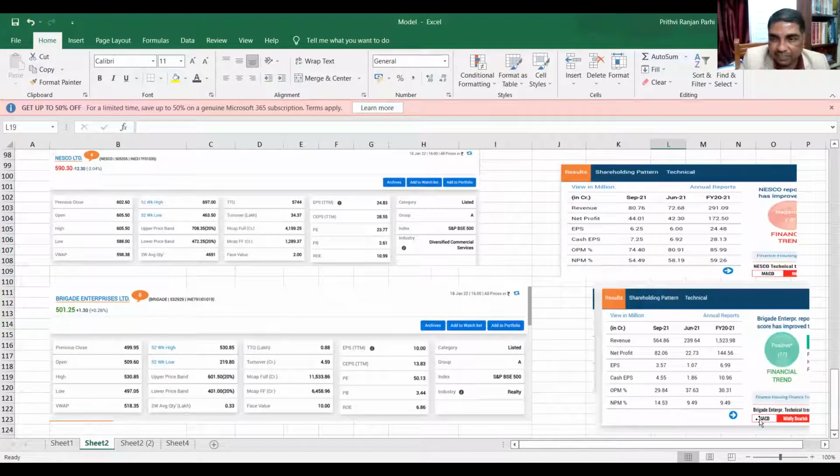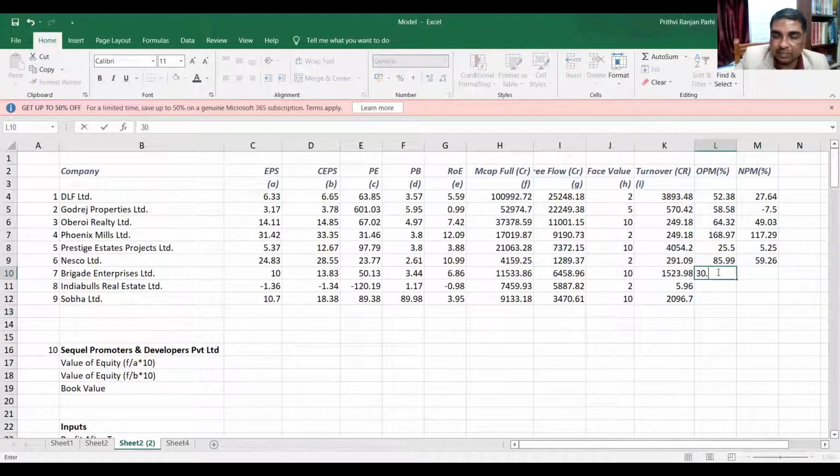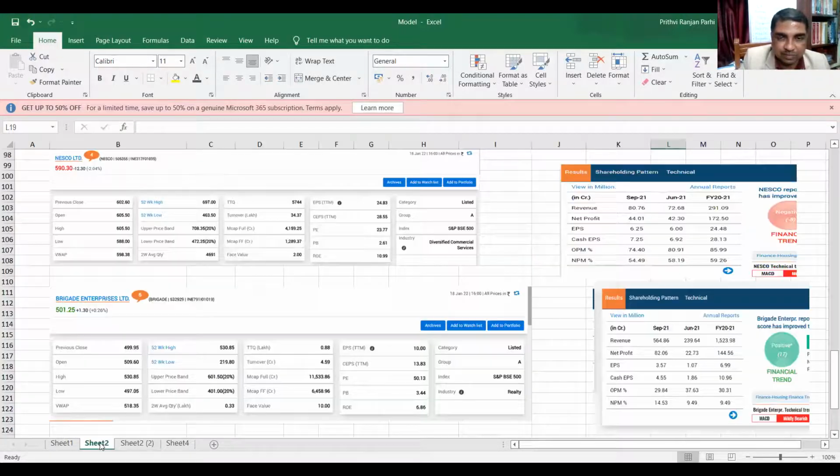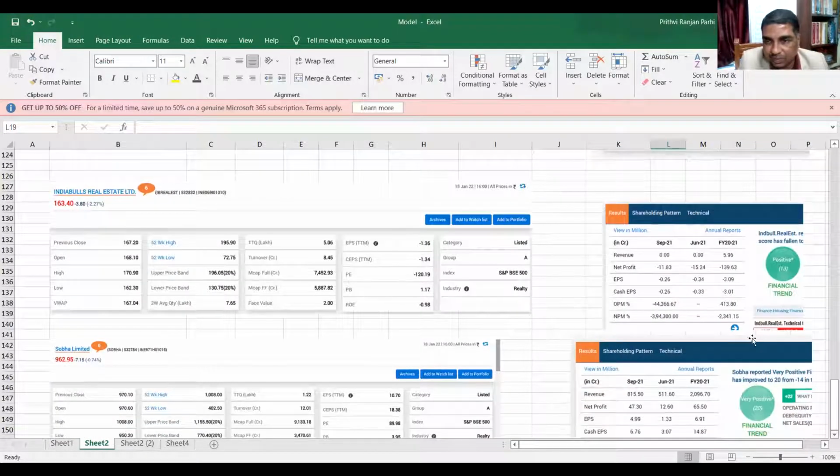Next is Brigade. Brigade data, you see, 30.31 and 9.49. Next company is Indiabulls. Okay, 413.18 and minus 2341.15.